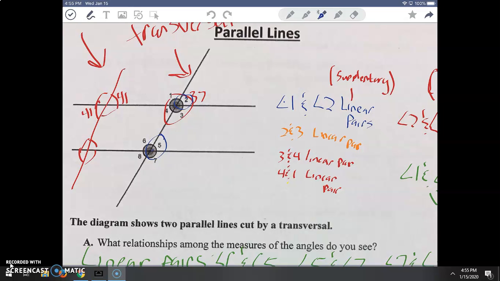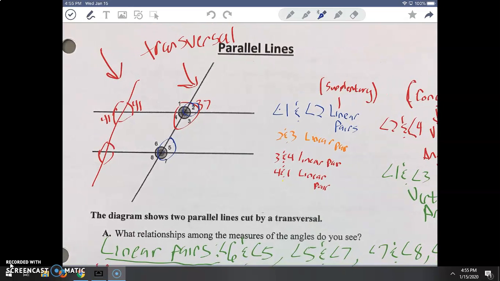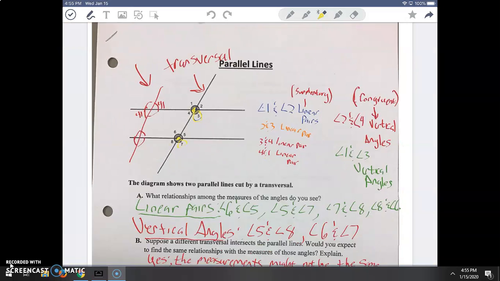Angle 5 is also going to be on the top right. Also corresponding to 3: if this is your middle, your bottom right is angle 3. In this intersection, your bottom right is 7. So 3 and 7 are considered corresponding.